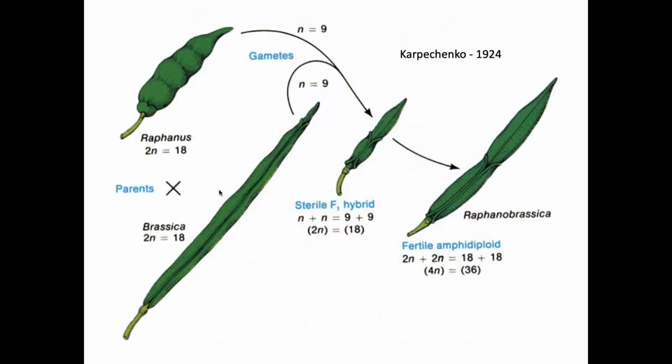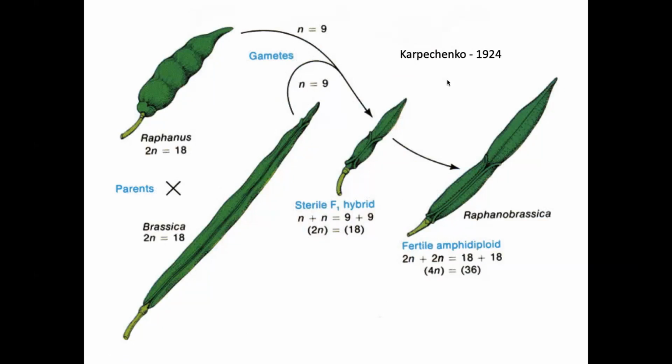So this was first attempted in the early 1900s, the 1920s, by a guy by the name of Karpechenko. His idea was to combine the characteristics of Brassica oleracea.